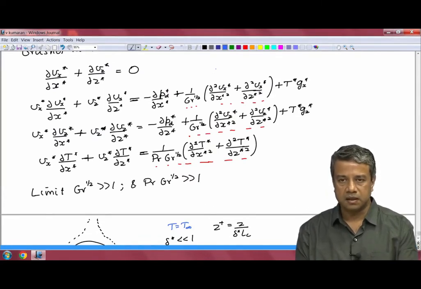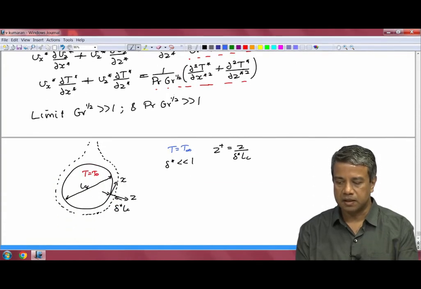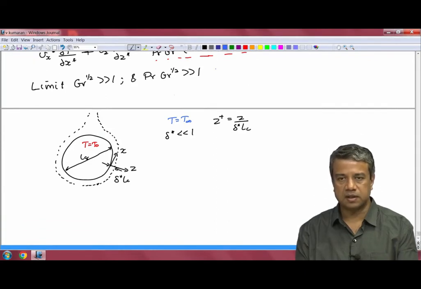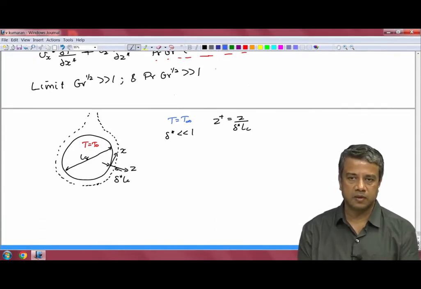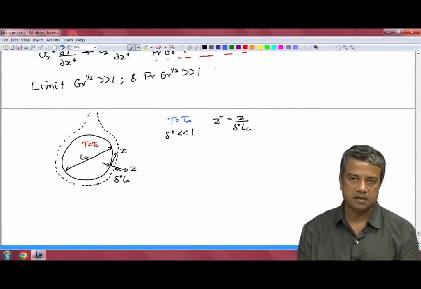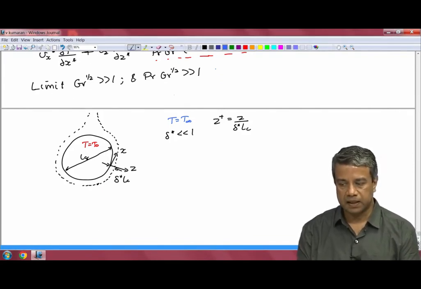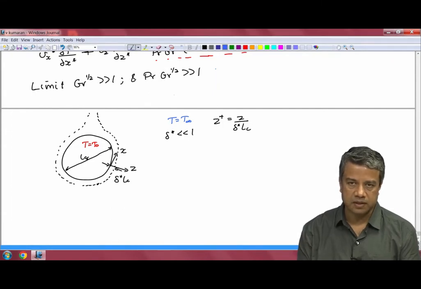And in this high Grashof number limit, I have to scale my cross stream coordinate, because the thickness of the boundary layer is small compared to the radius of curvature of the object. I can consider, for the purpose of the boundary layer analysis, the object to be a flat surface, because the thickness of the layer is small compared to the radius of curvature, and define locally a streamwise coordinate along the surface and a cross stream coordinate perpendicular to the surface.